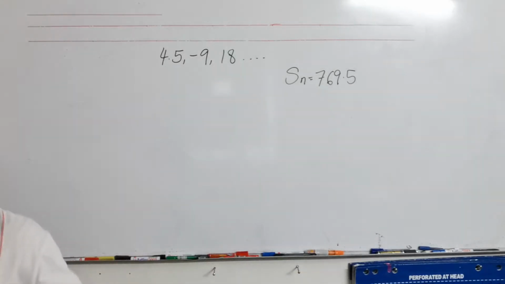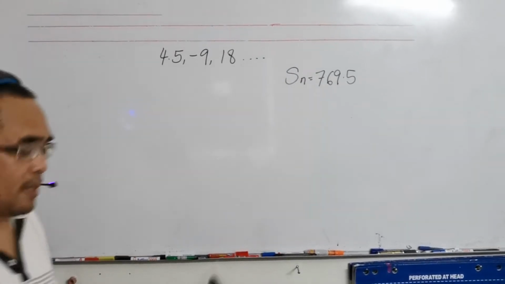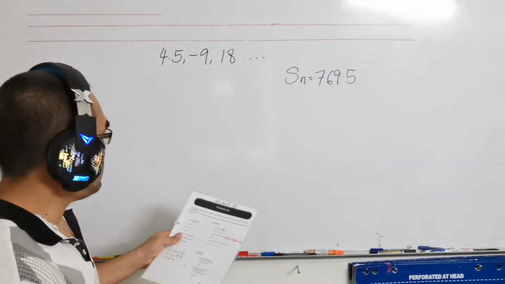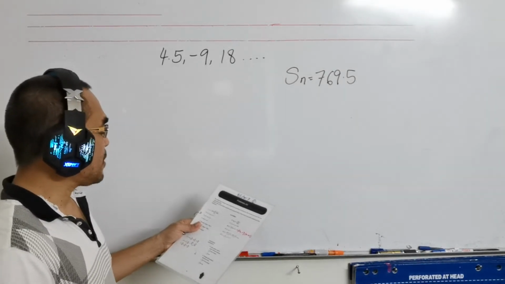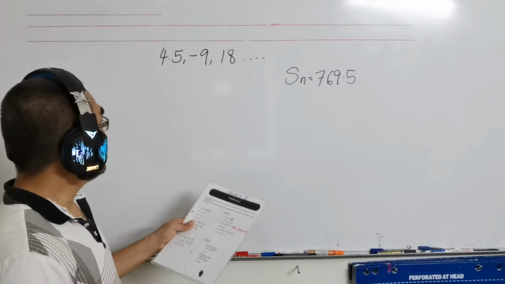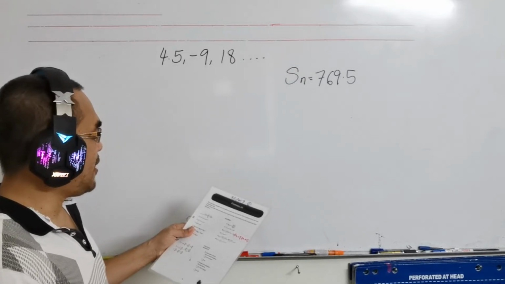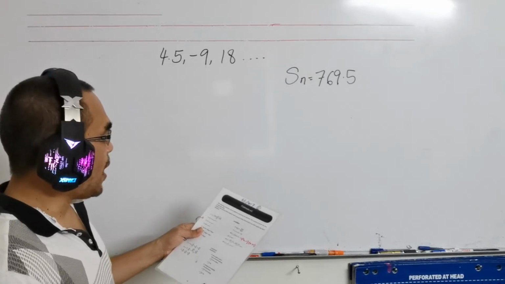Okay, so let's check out the formula for sum of the first n term for geometric progression. So I will take the second one because the value of r is less than 1.